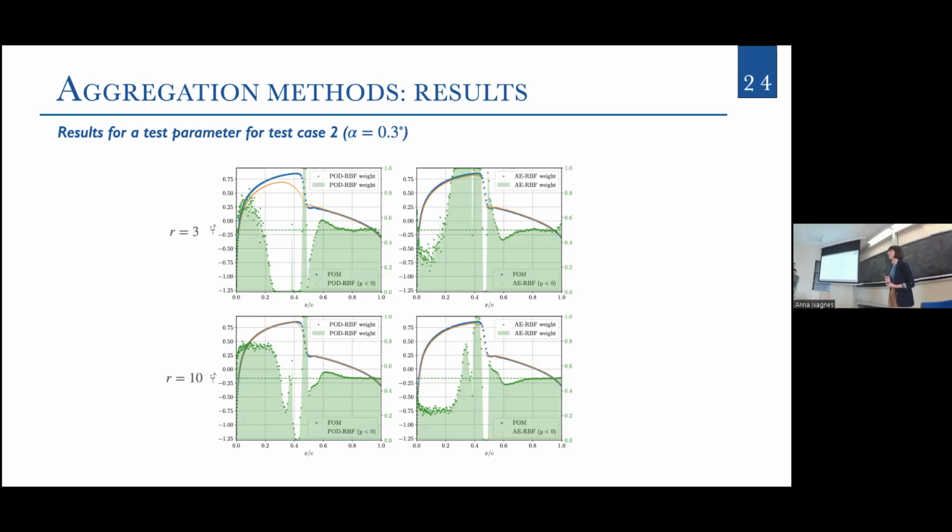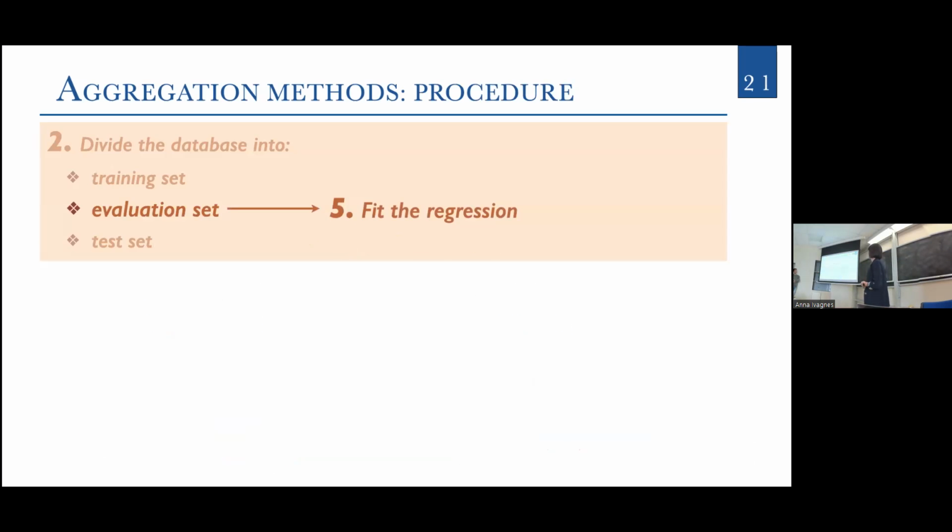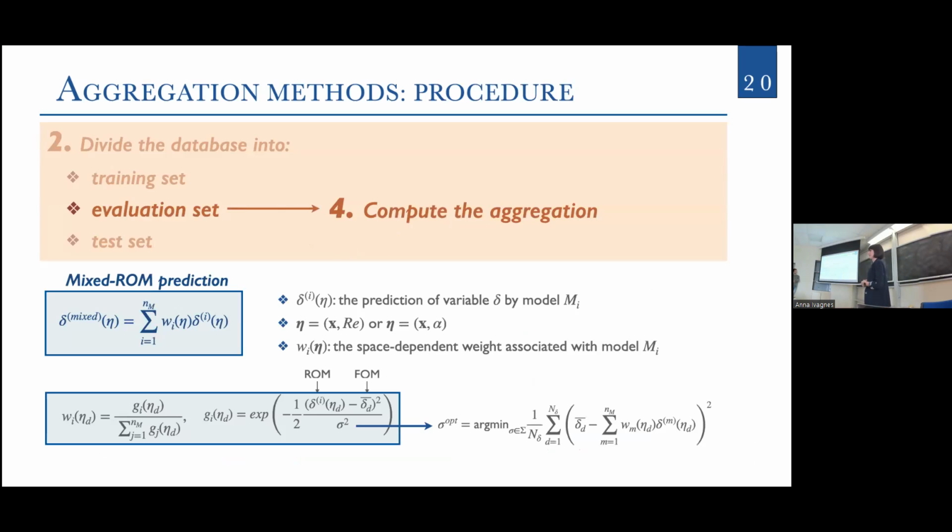Curiosity regarding the aggregation, the slide on the eta method. Why does it also take the coordinates? When you do POD, you have already discretized the space. Yes, but your prediction is of course space dependent.